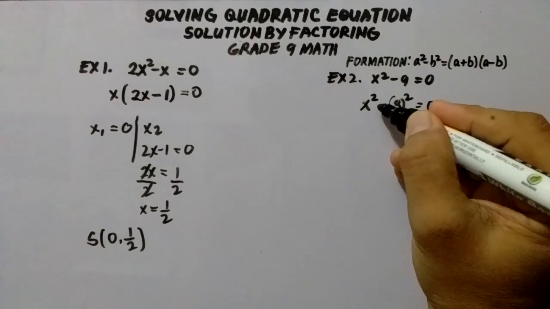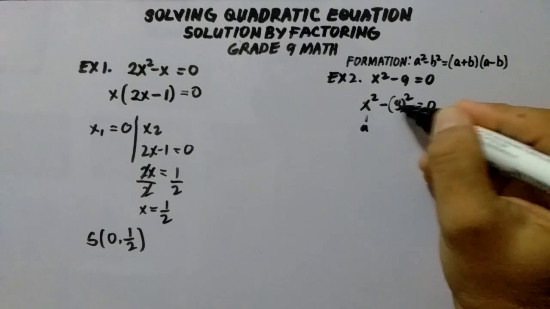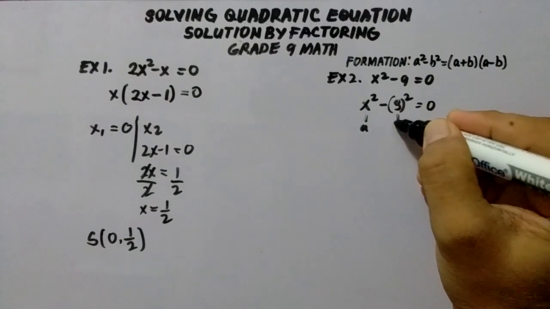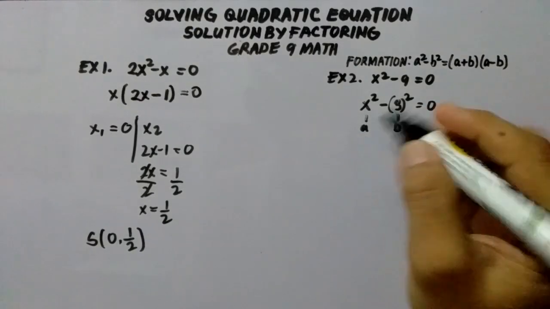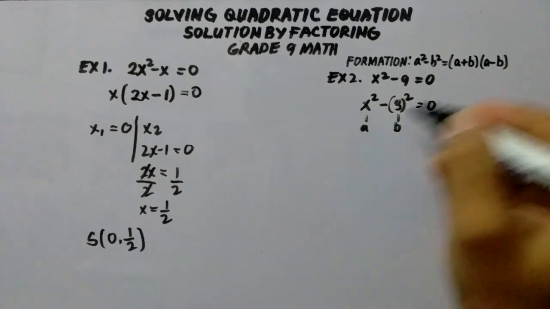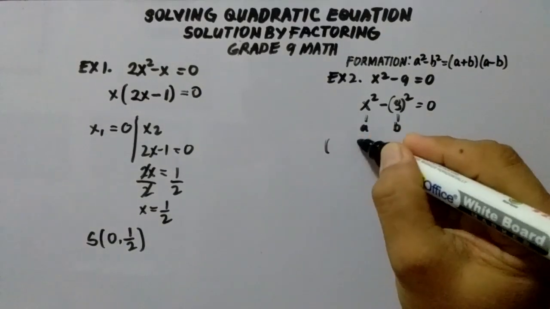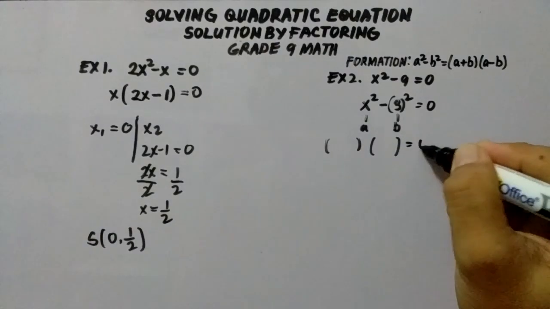Okay, so x squared, assume natin, letter A. Then, yung 3 squared, assume po natin, is letter B. Okay? So, we have this formation. Gawa tayo ng dalawang quantity. Okay? So, equals to 0.